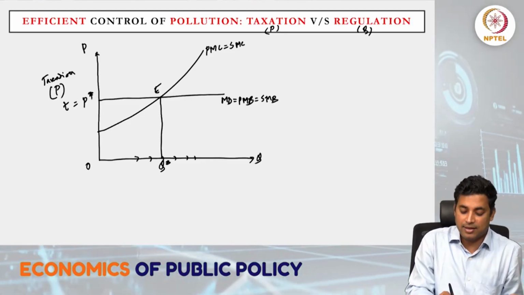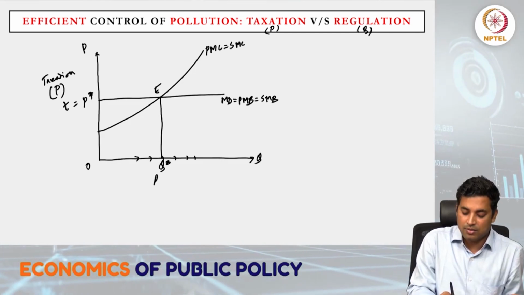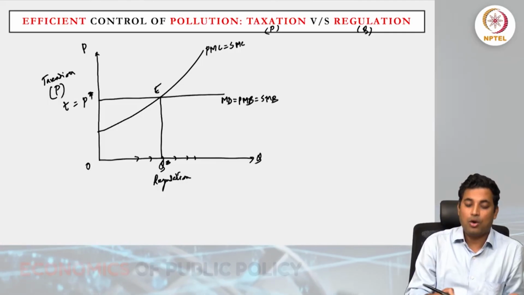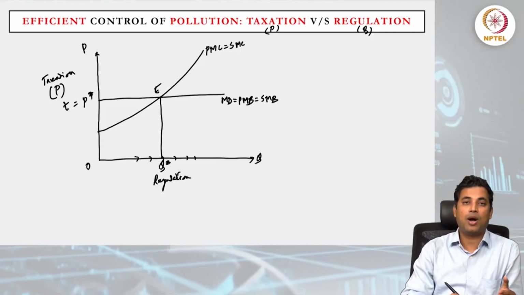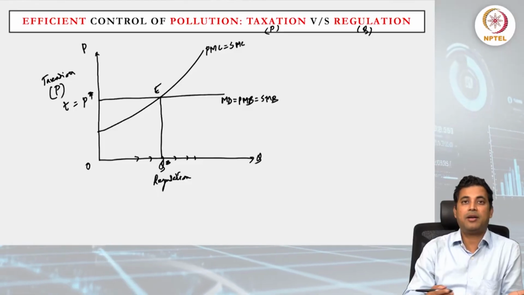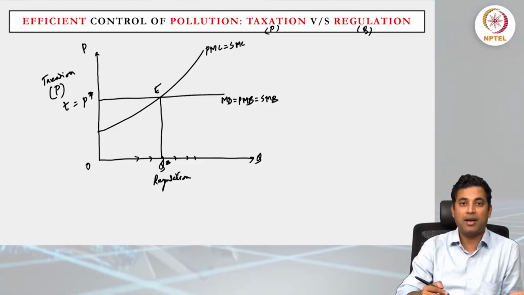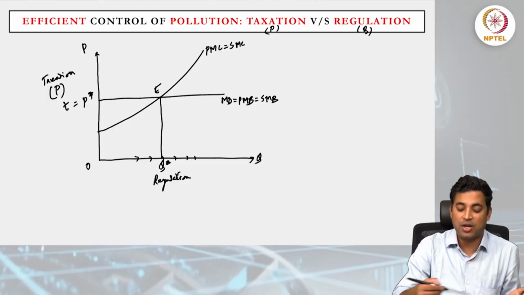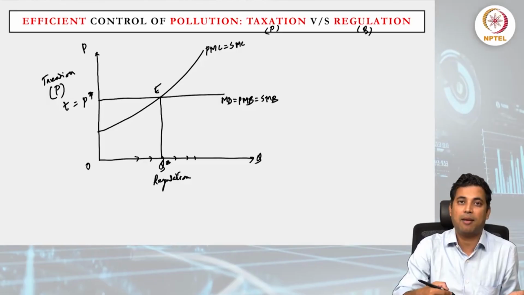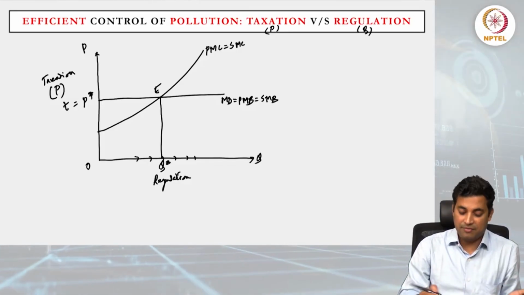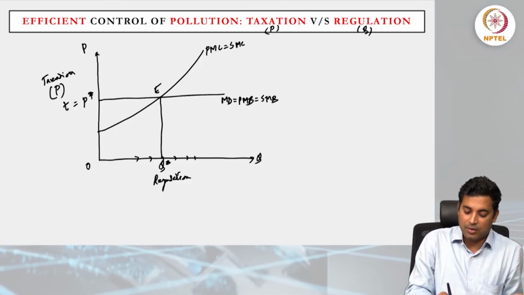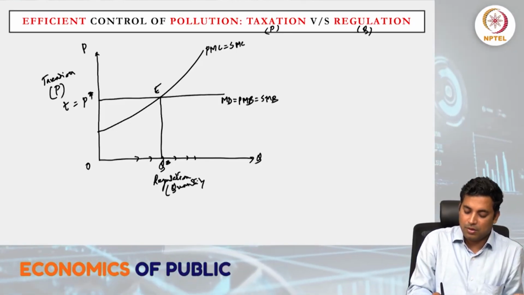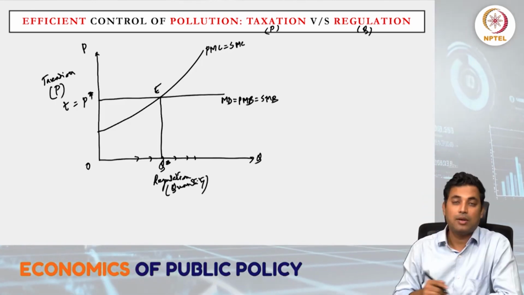On the horizontal axis it is the regulation. Beyond E or beyond Q star one cannot go, and there is a higher penalty. Why? Because the cost of pollution becomes much higher than the marginal damage or benefit, and this is the regulation we are talking about in terms of quantity, right?